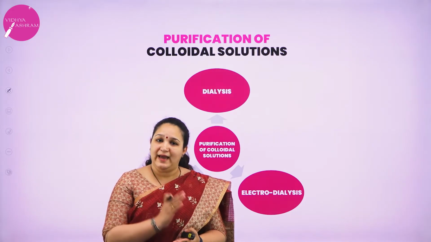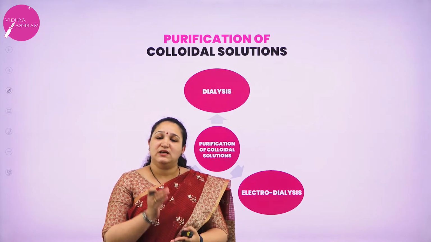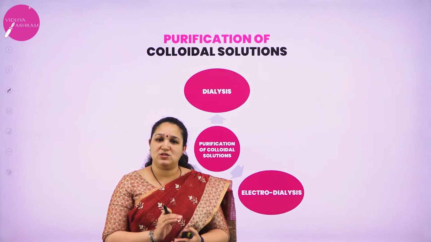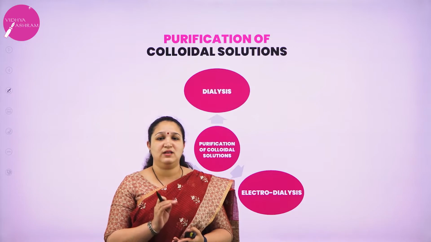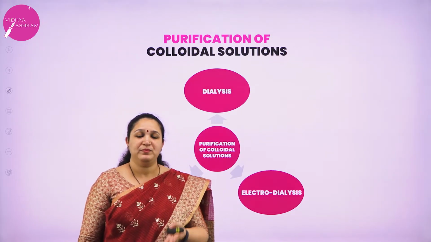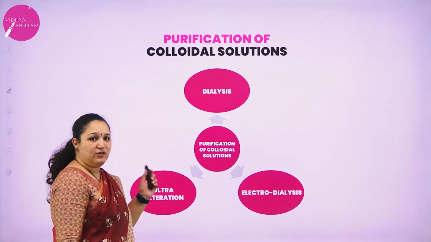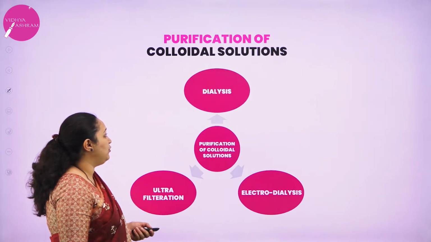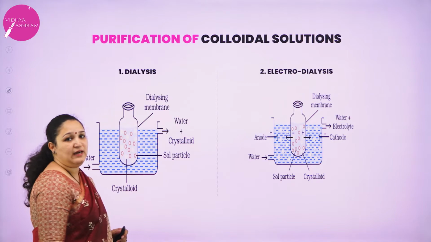Not only electrolytes, sometimes there are soluble particles also in the colloidal solution which have to be removed. So we will see the first method of purification, that is dialysis.